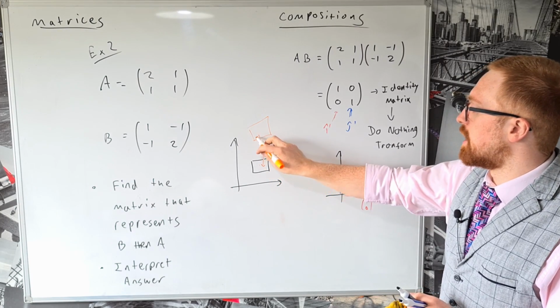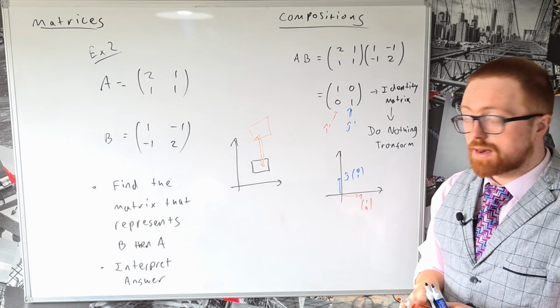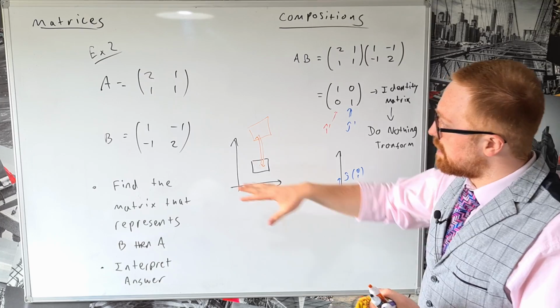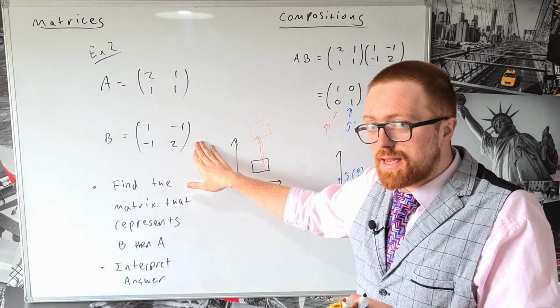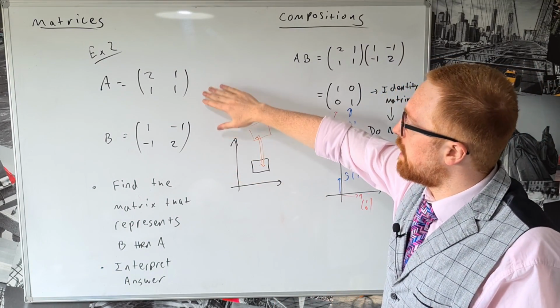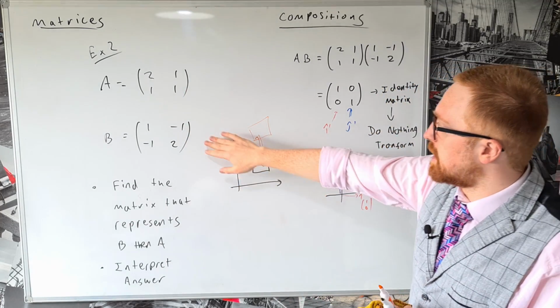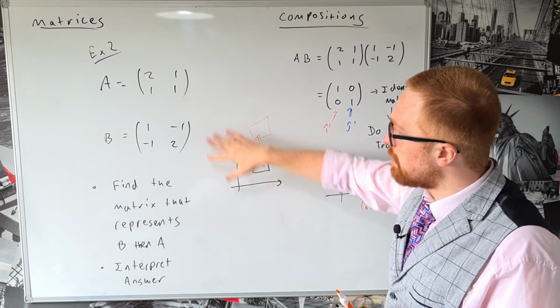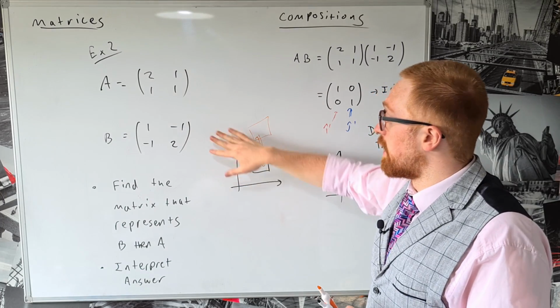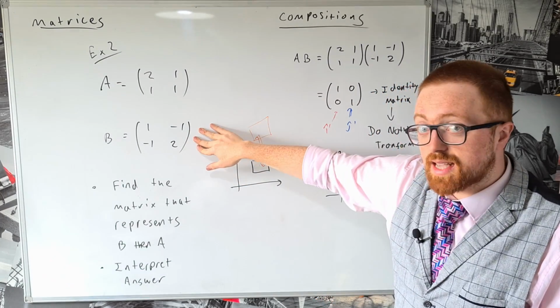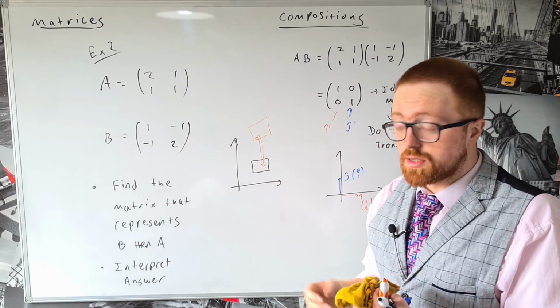So B took it from there to there, and A took it straight back again. So that means that A undid what B did. It's not going to be particularly easy to see, but if this was like a reflection, or an enlargement scale factor 3 and then an enlargement scale factor a third, they undo each other.